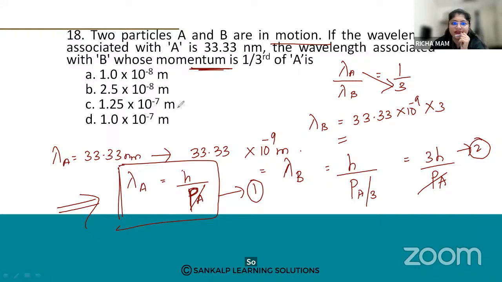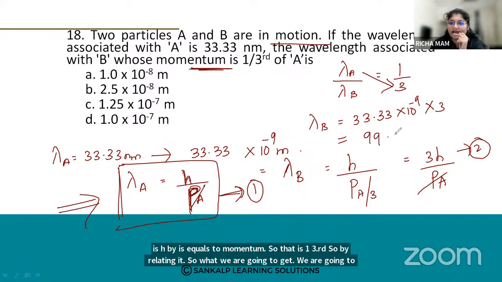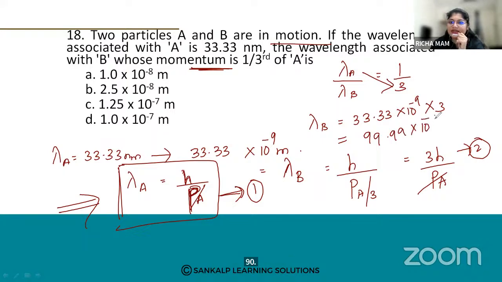By relating it, we are going to get the answer as 99.99 into 10 raised to minus 9 meter.